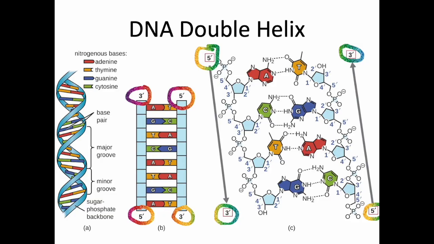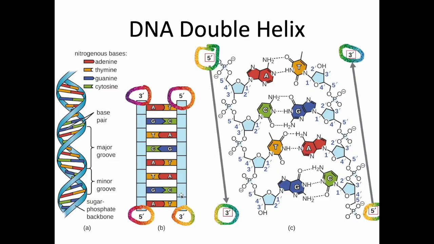Now, the other important thing is that in a DNA double helix, these 2 strands of DNA do not go in the same direction. They're pointed in opposite directions. So notice here, the strand on the left just happens to be drawn so the 3' is at the top and the 5' is at the bottom.